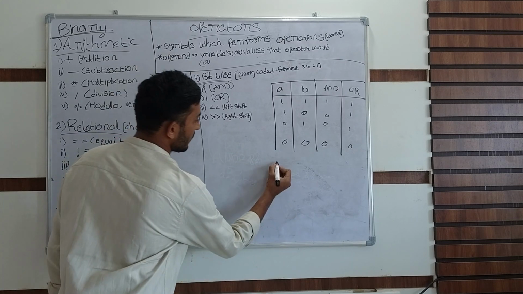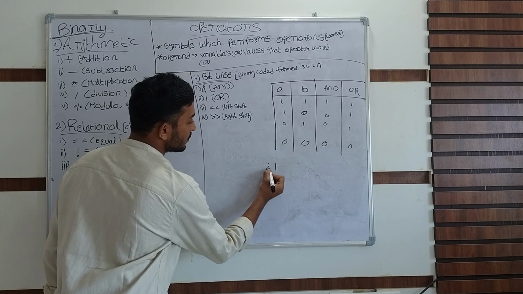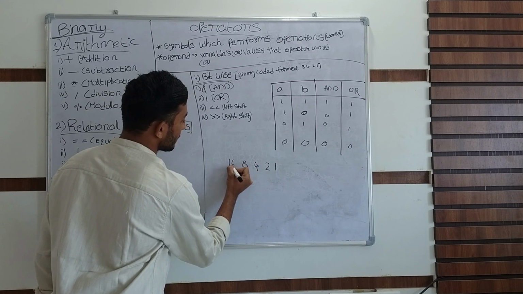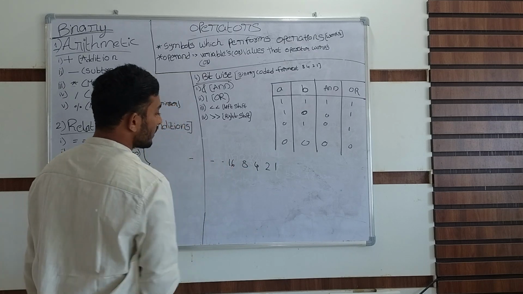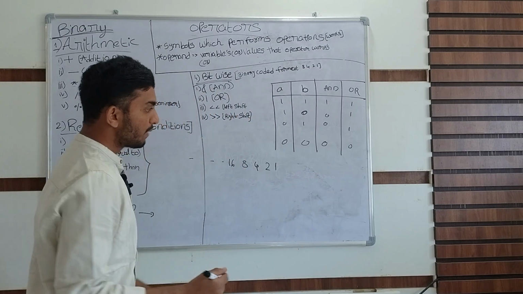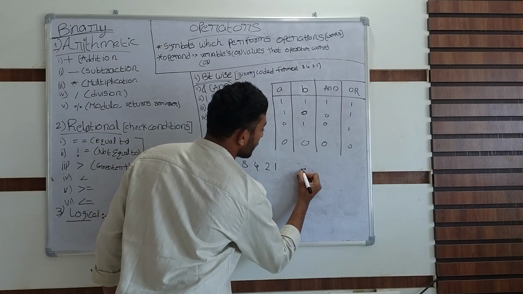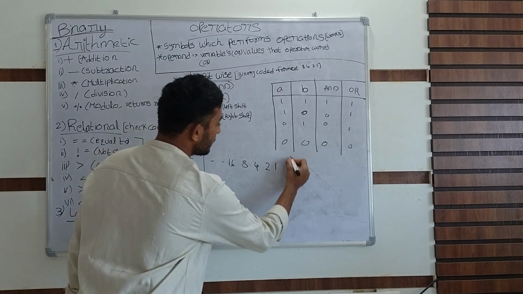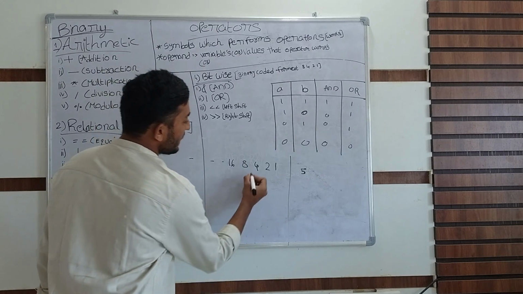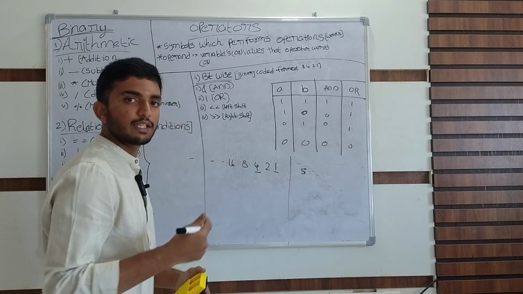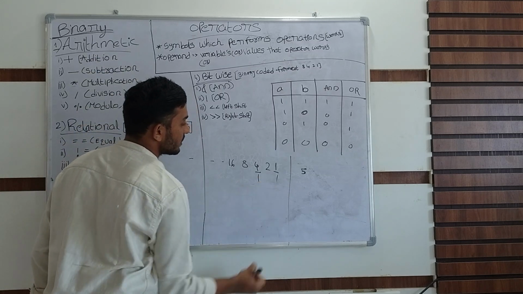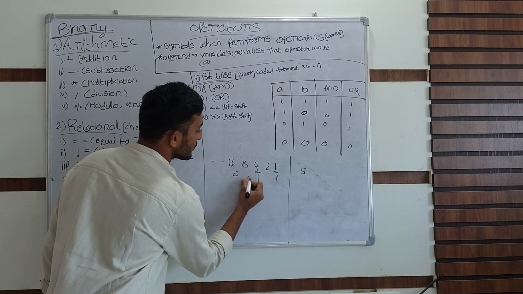First take 1. 1 twos are 2, 2 twos are 4, 4 twos are 8, 8 twos are 16, like this it goes. To write the binary code of 5, by adding 4 and 1 we get 5, so we put 1 for 4 and 1 for 1, and the remaining all become zeros.